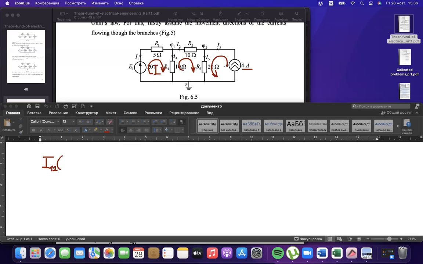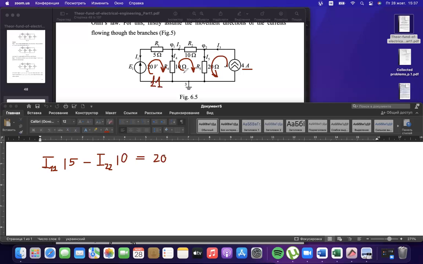On both resistances, it is 5 plus 10, 15 ohms. Then minus, because of the opposite direction, I22 and resistance 10 between them, without any other current, because the first branch has no connection with branch number 3, and it is equal to 20 volts.